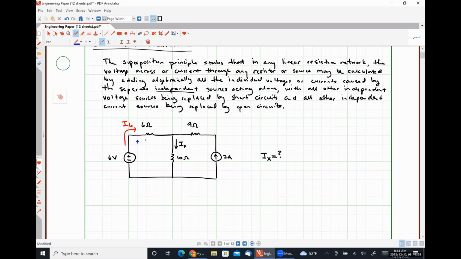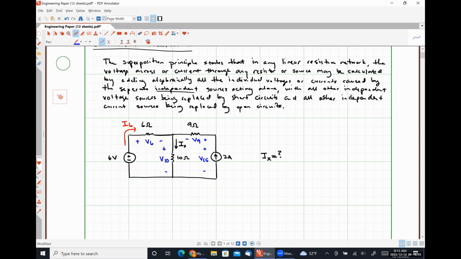So I'm going to call this voltage V6, and I'm going to call this voltage V10, and I'm going to call this voltage V9, like so. And while I'm at it here, I could call this the voltage drop over the current source. I'm not actually going to wind up using all of these things, but I'm just trying to identify everything that I can, and then I'm going to develop some relationships.